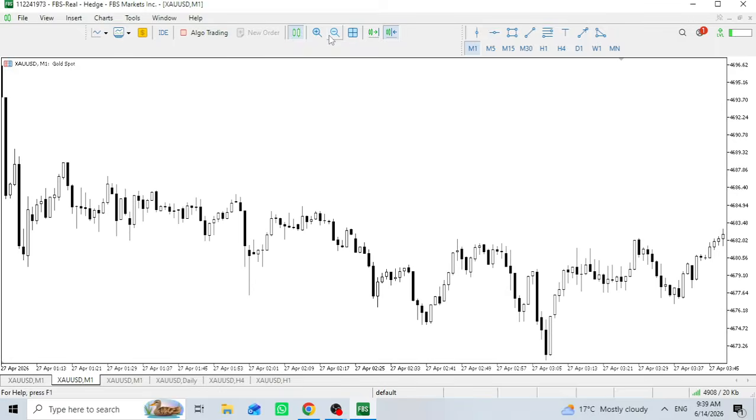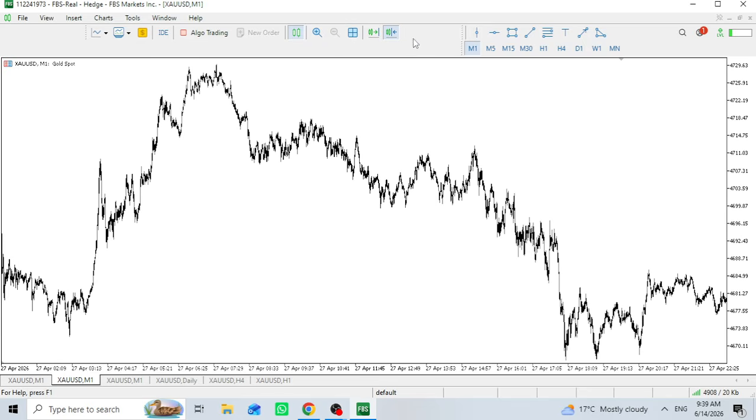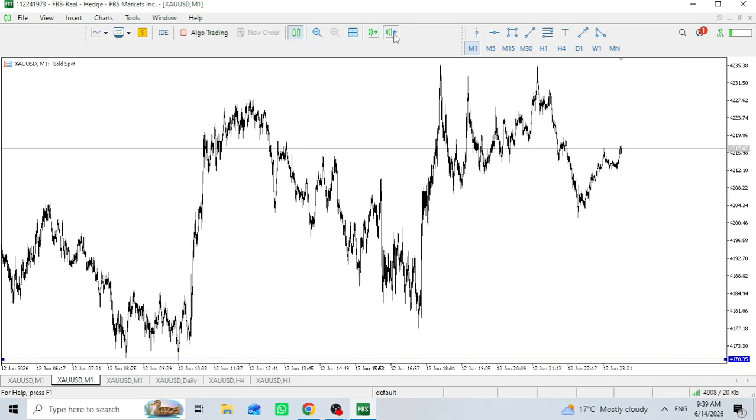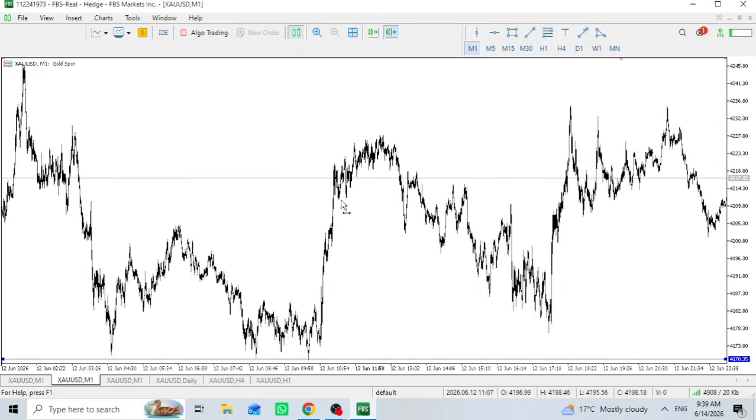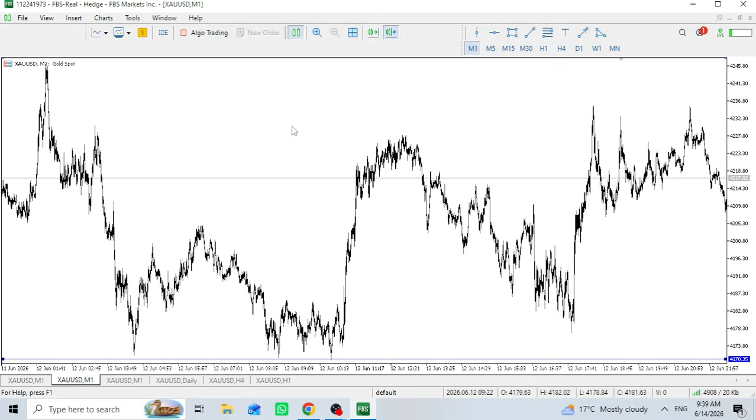I will compress this chart this way, and then I will do this. Where is that day? The first. Then I will mark where 0000 midnight is. So this day started from there.